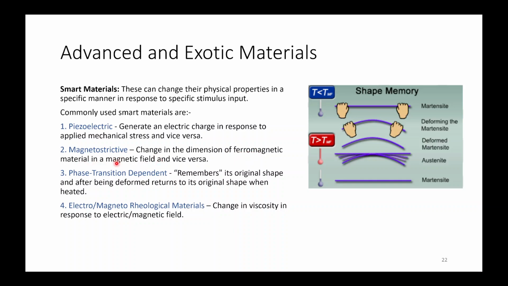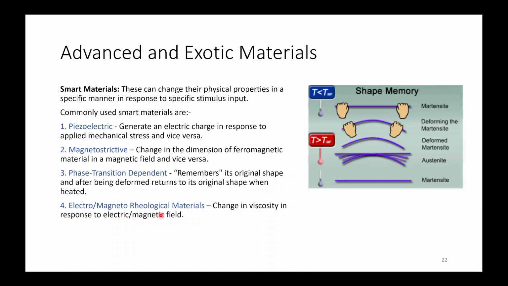So we'll be applying some magnetic field, it will be changing its dimension and vice versa. Phase transition dependent: in this case, these are shape memory alloys which remember their original shape, and after being deformed, it returns to its original shape if we change the temperature.